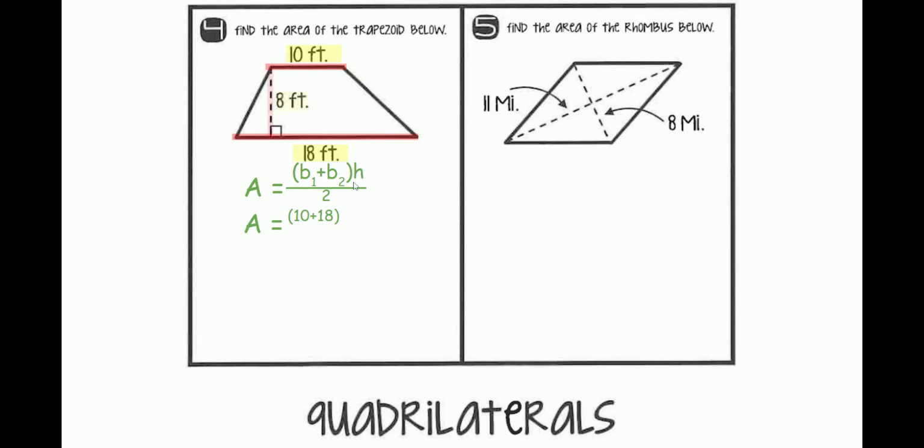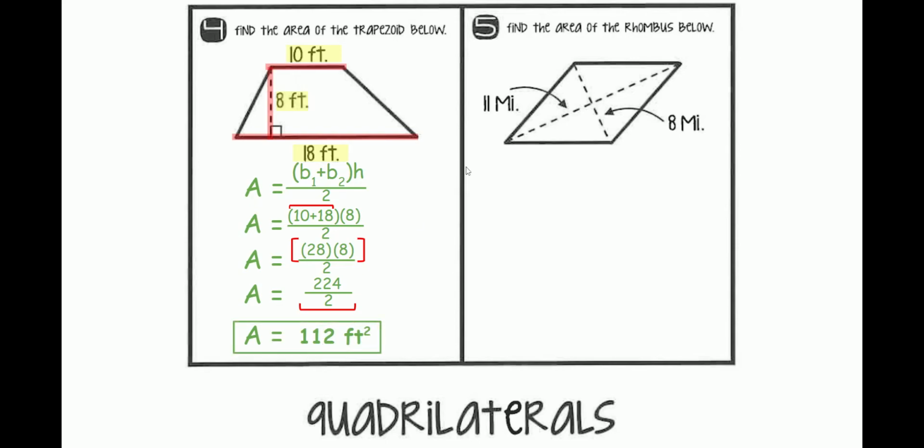We're going to need to multiply by h, which is 8 feet, so replace h with 8, and divide by 2. We need to add up the inside of that, and that equals 28. Bring down everything else, the 8, the divided by 2. Let's multiply 28 and 8 next. That equals 224 divided by 2, and when we divide 224 by 2, we get 112 feet squared.